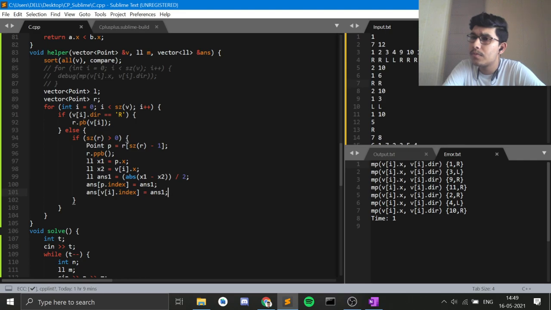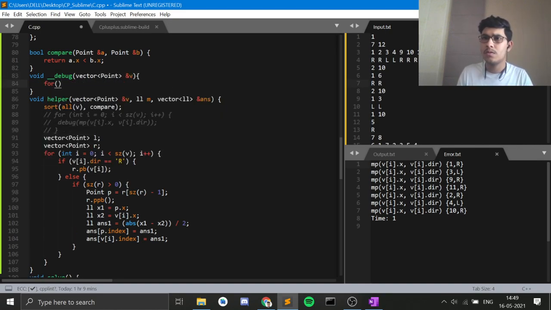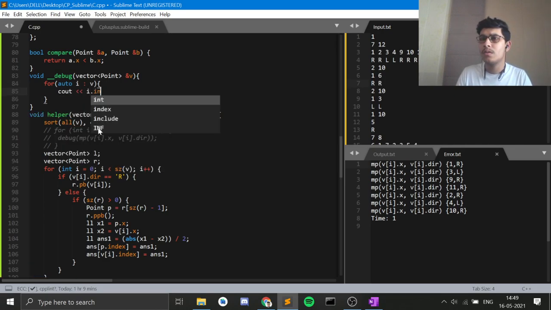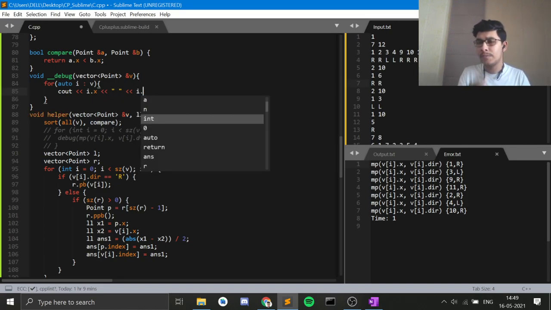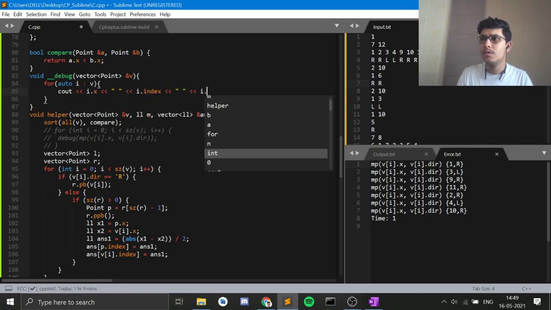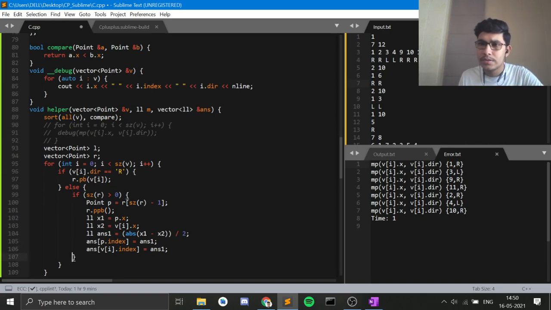R size, I dot index. Okay. So this is fine.